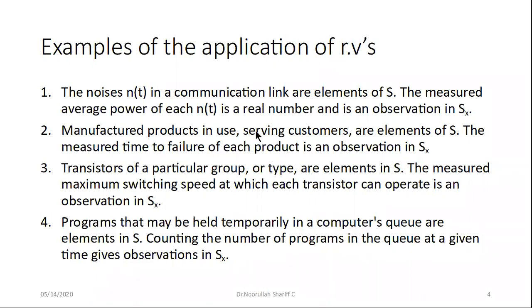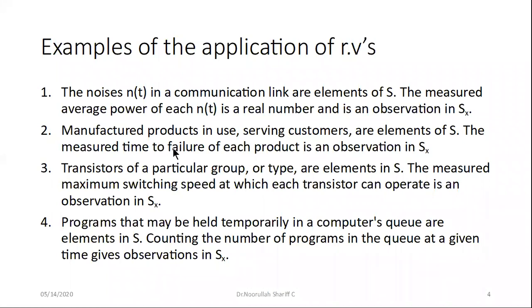There might be a manufacturing industry wherein a number of products are manufactured, and that becomes the elements of S. When a number of devices fail, the possibility is always there that a particular device might fail.